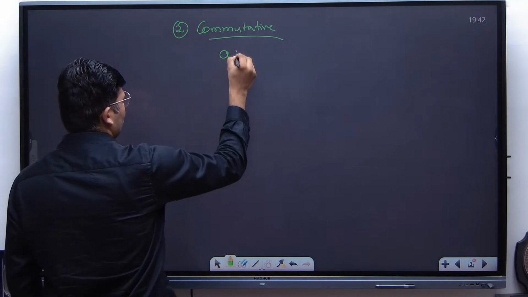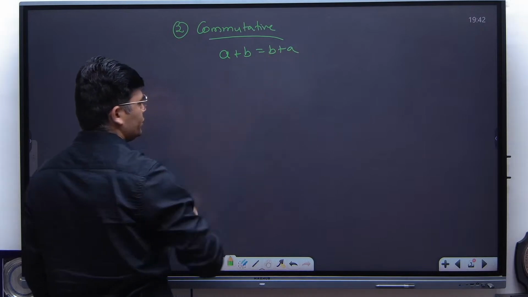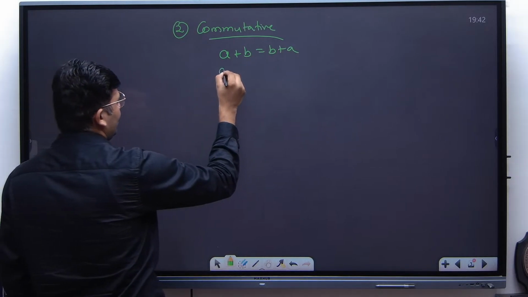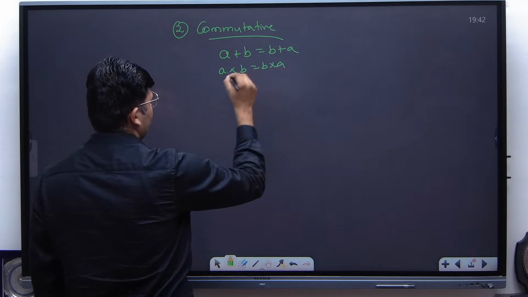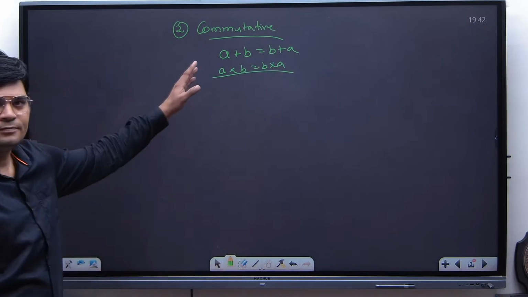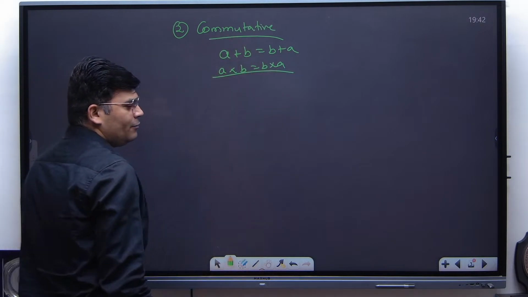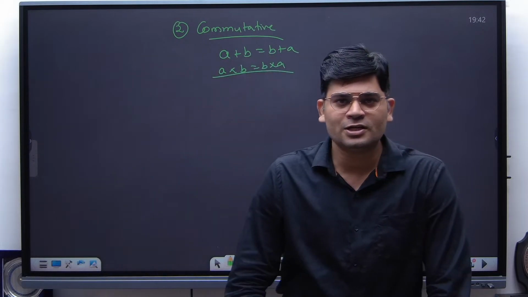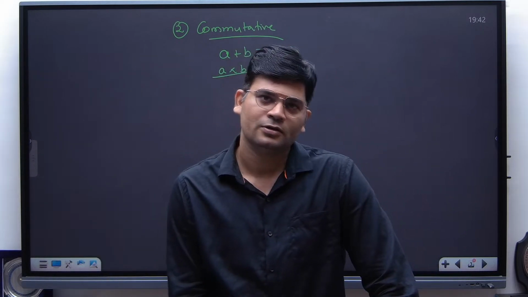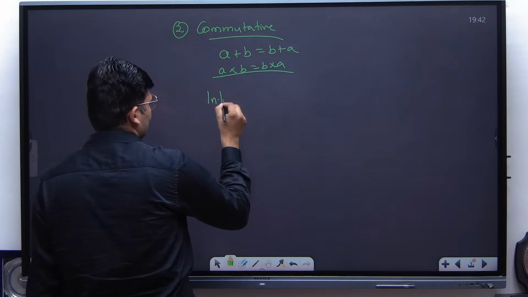You add two numbers in any order and their value won't change. You multiply two numbers in any order and their value won't change. You know this? Yes. Then if this property is applied to integers, can we say that integers are commutative under addition and multiplication? Yes.